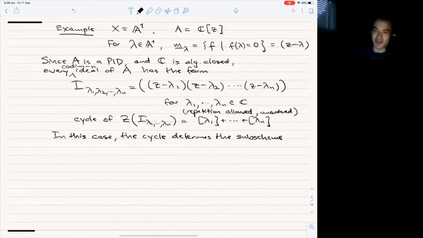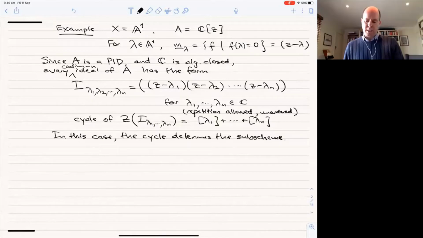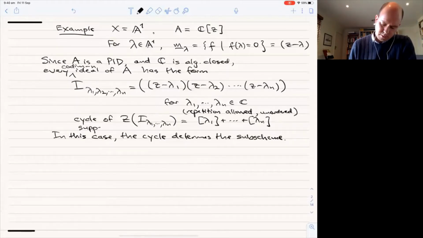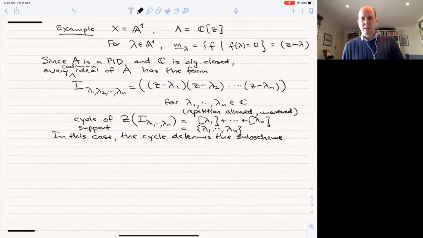Well, just to confirm, the support is actually the radical, so it might be different, right? Yes. So the support is the set lambda 1 up to lambda n. There can be some multiplicity, so the set may have fewer than n elements.